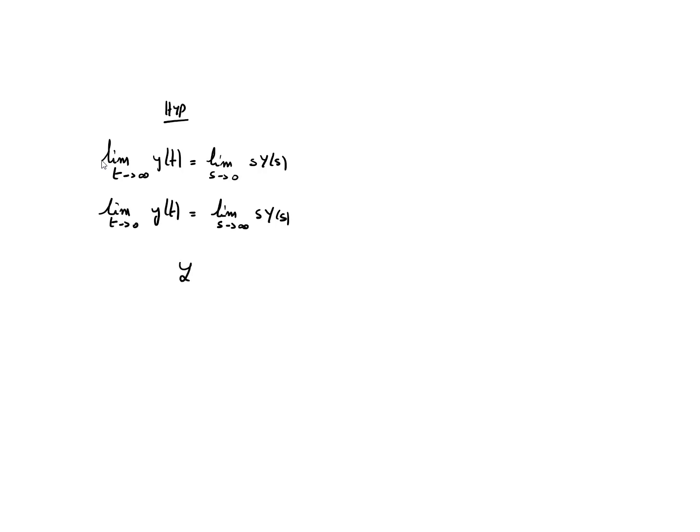So remember now that the Laplace transform of a unit step is 1 over s, and that the z transform of a unit step is z over z minus 1, right? And that the link between the z domain and the s domain is z equal to the exponential of Ts, right?